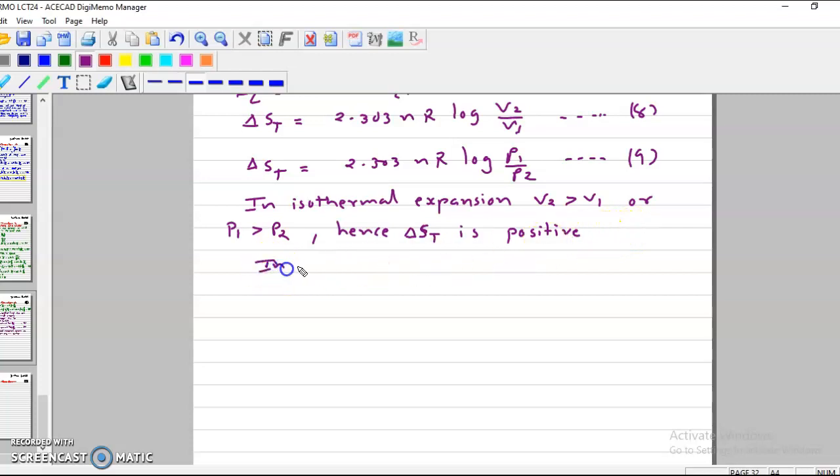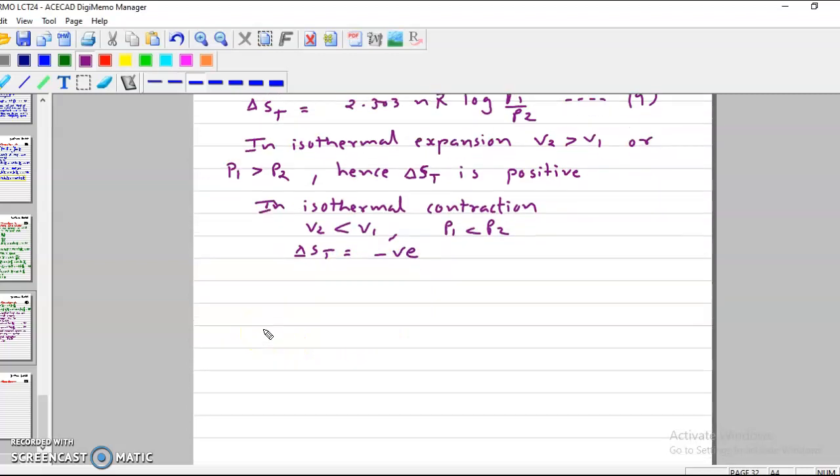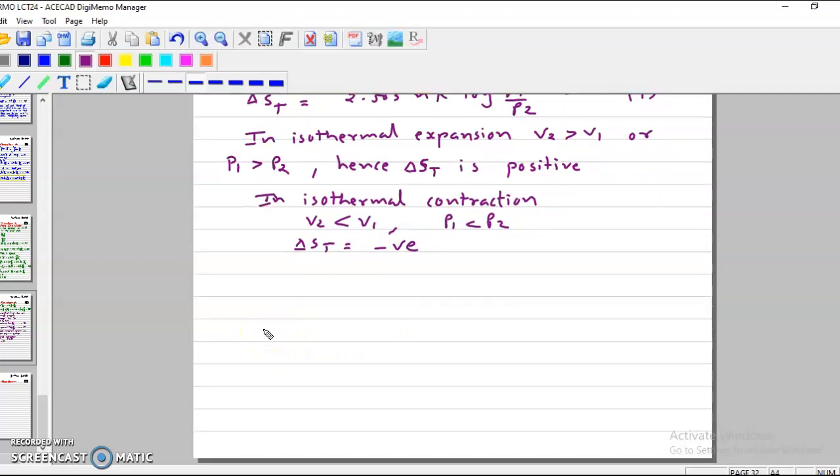And in isothermal contraction, where the conditions are opposite, that is V2 less than V1 and P1 less than P2, therefore delta S at constant temperature will be negative.